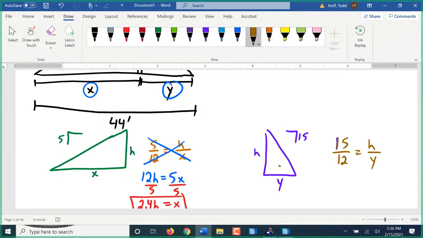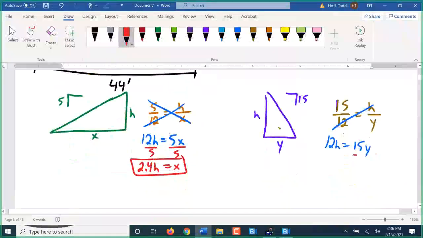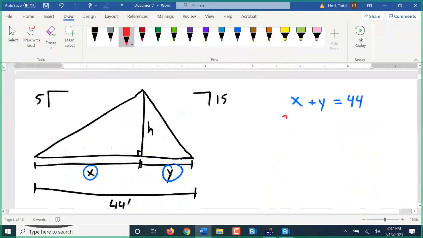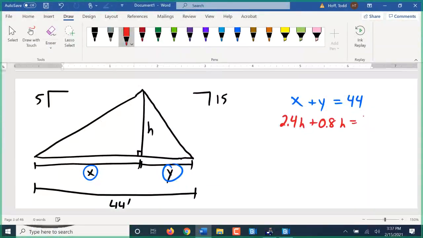So now we're going to cross multiply. 12Y equals 15H, you're correct. And then we're going to solve for which variable here? Y. Divide by 15. 12 divided by 15 is 0.8. So 0.8H equals Y. So up here, X is 2.4H, Y is 0.8H.